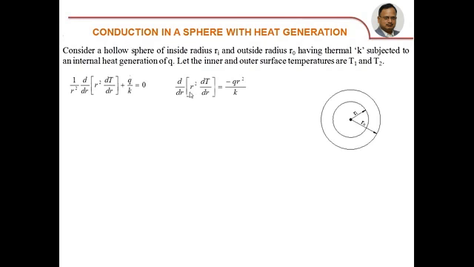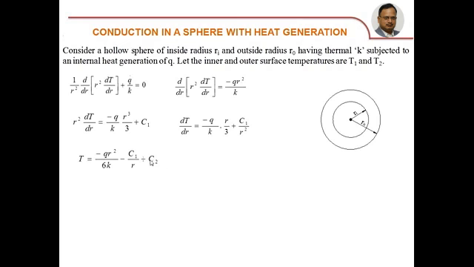So this can be written as d by dr of (r square dT by dr) equal to minus q dot r square by k. Integrating once, you will get r square dT by dr equal to minus q dot r cube by 3k plus C1, and bringing this r square to the other side, you will get the temperature distribution equation as T equal to minus q dot r square by 6k minus C1 by r plus C2.